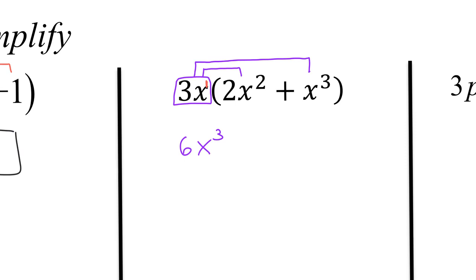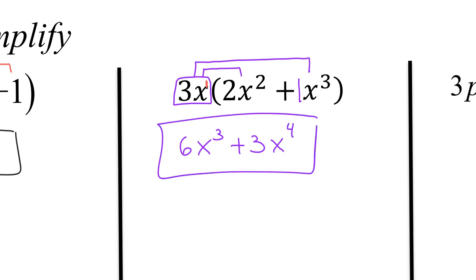Notice the x cubed, remember it has an invisible 1 coefficient. So you multiply the numbers, 3 times 1, that's going to be 3, and it is positive because they're both positive. So we have a 3. And you multiply x to the first power times x to the third power. Since you're multiplying, you add the exponents. So we're going to have x to the fourth power. So that is my answer.